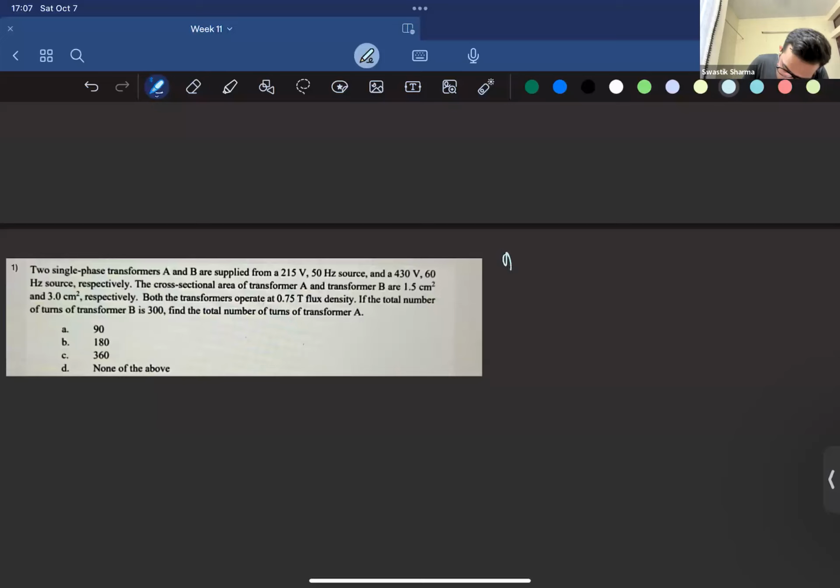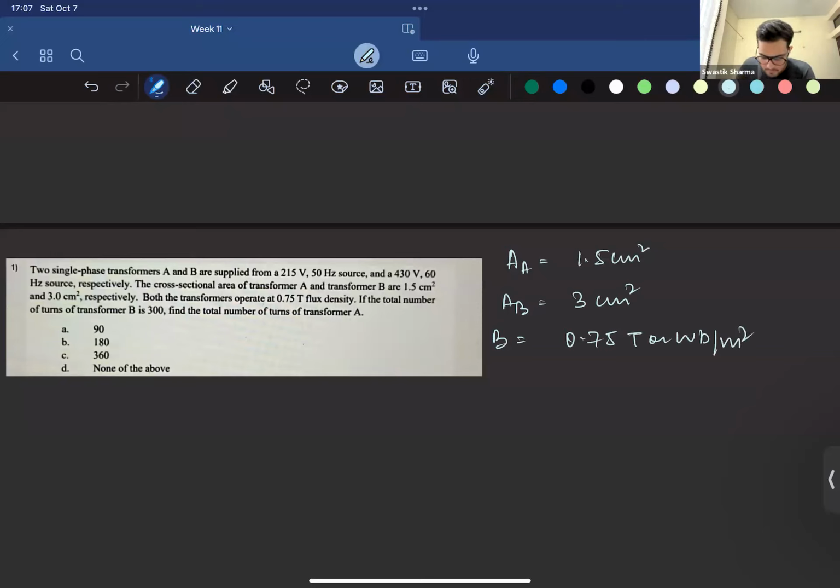Let's see. We are given the area of cross section for transformer A, which is 1.5 cm², for B it is 3 cm², and B is given by 0.75 Tesla or Weber per meter square, right?